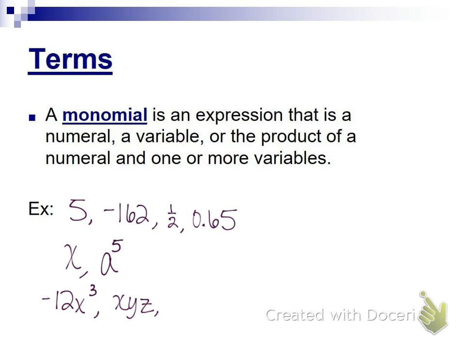They could have exponents on them or not. Even something like b to the 6th divided by 5. We would be multiplying by 1/5. It ends up looking like division, but that's still considered a monomial, one term.